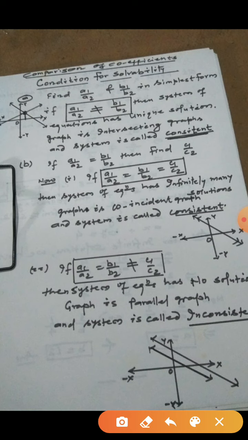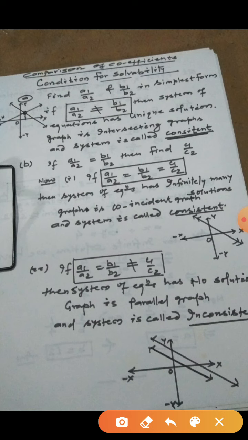Then in this situation we have to find the value of c1 by c2 in simplest form. Now the first two are equal, I mean a1 by a2 equal to b1 by b2, and we have calculated c1 by c2 also. So now compare c1 by c2 with this equal pair.